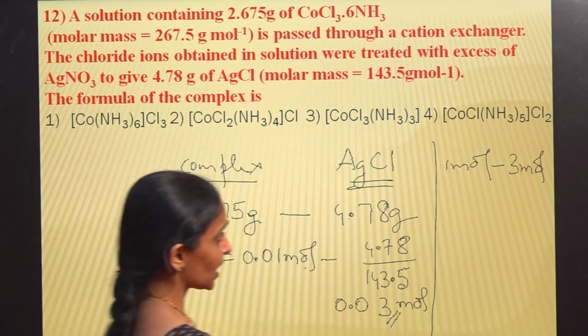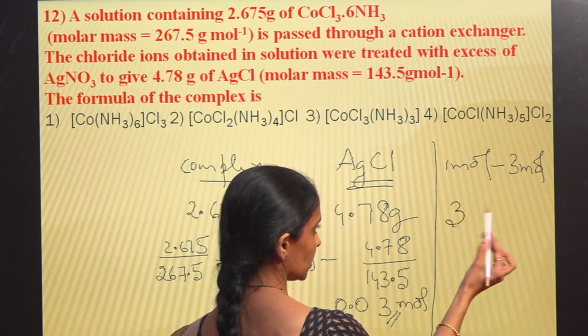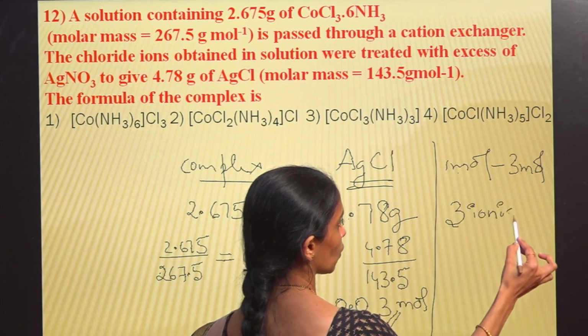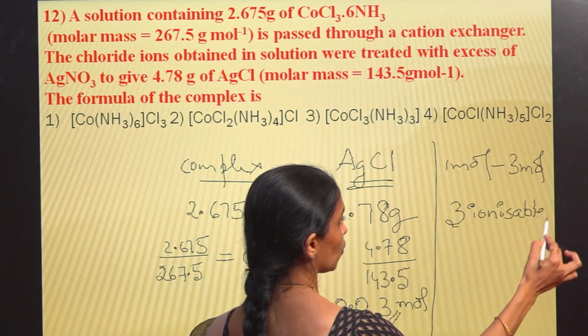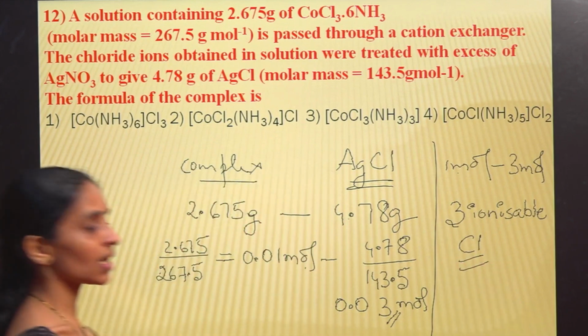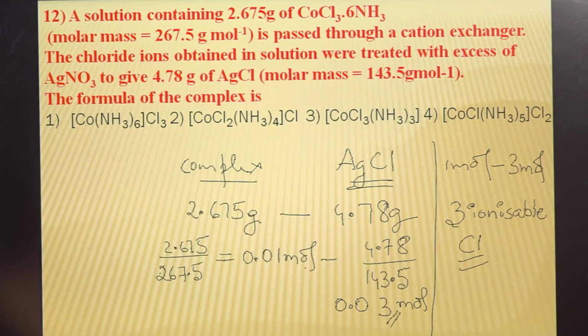From this it is very clear that there are 3 ionizable chlorines. If 1 mole of complex gives 3 moles of AgCl, the meaning is there are 3 ionizable chlorines.